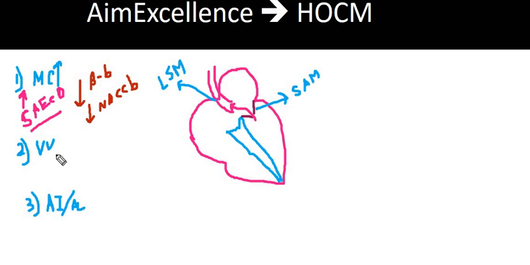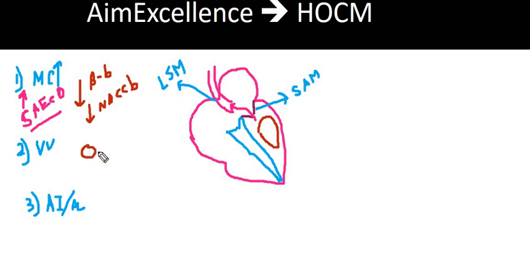Now for the ventricular volume, if there is more blood in the ventricle, that will disperse these mitral leaflets from getting opposed to the hypertrophic interventricular septum, and that is going to relieve this blockage. That is going to decrease the murmur. So what are the conditions?